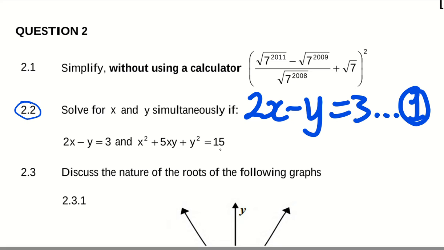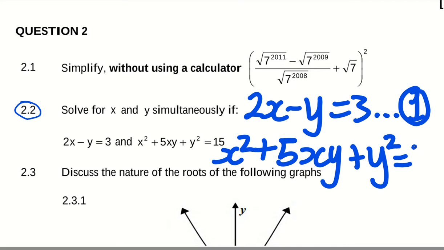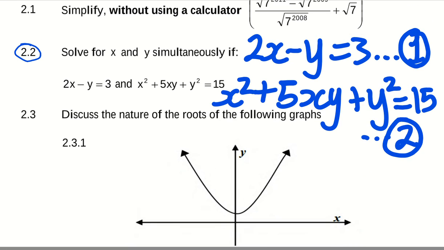We also have x squared plus 5xy plus y squared equal to 15. This is our equation 2. So we have two equations, equation 1 and equation 2.